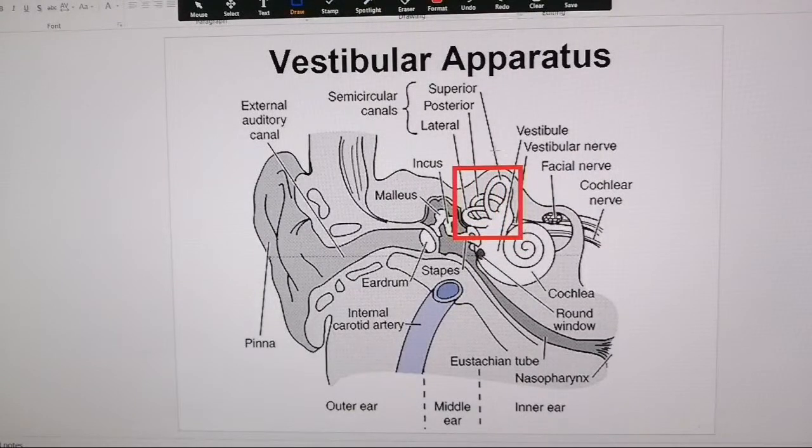If I give you a hint, this is where the otolith organs reside, and these are the semicircular canals. You can see the 3 semicircular canals: this is 1, this is 2, and this is 3.